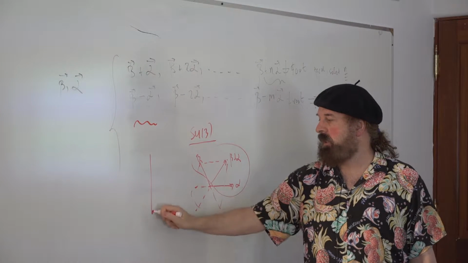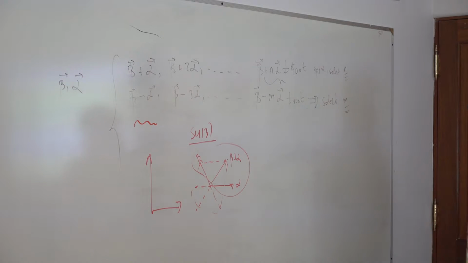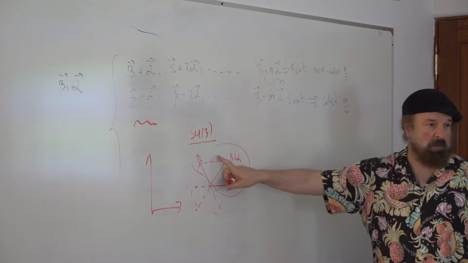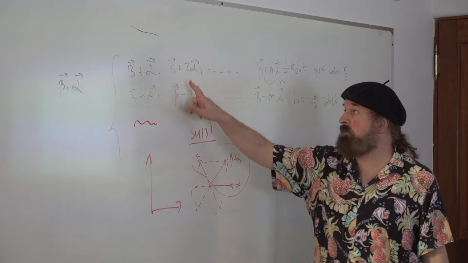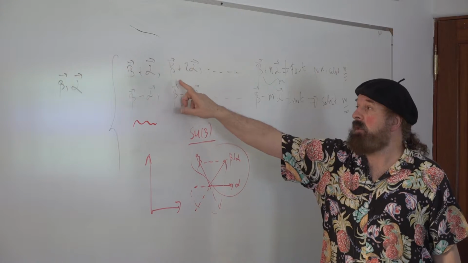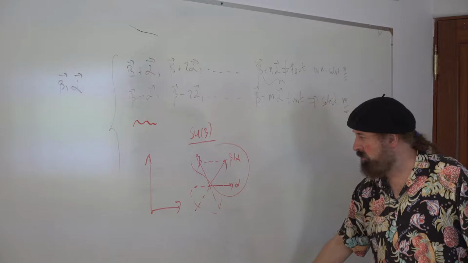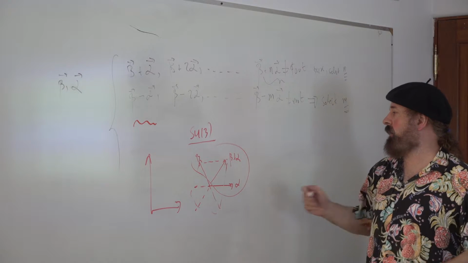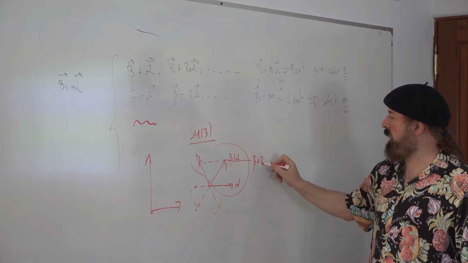The rank is 2, so you need a 2-dimensional space to represent them, and that's all the roots you will have. So therefore, this is why the value of n equals 1, because you do not have the beta plus 2 alpha.